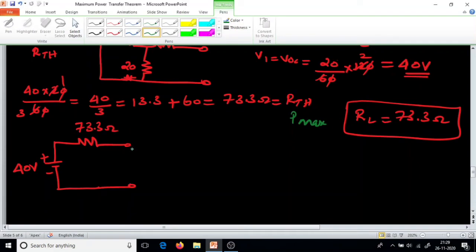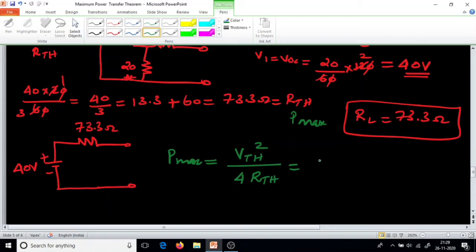So how do you know now what is the value of P max? P max equals, what is the equation we have derived? VTH squared, open circuit voltage squared, divided by 4 times R Thevenin.